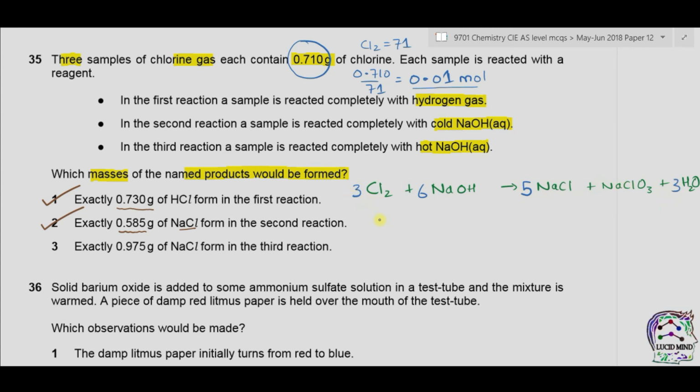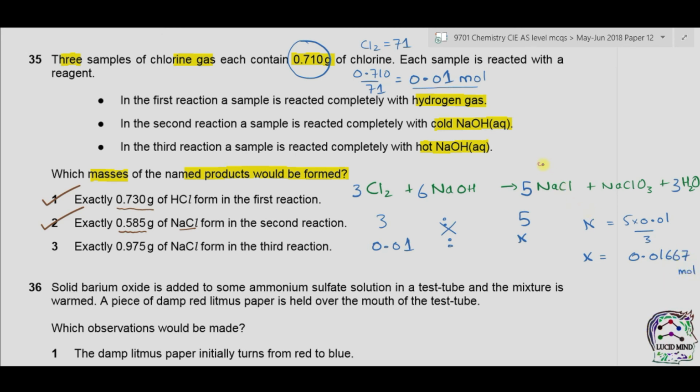So now the ratio between chlorine and sodium chloride is 3:5. As we have 0.01 moles of chlorine, so x moles of sodium chloride will be formed. By cross multiplying we can find the value of x. So now the number of moles of sodium chloride come equal to 0.01667 moles.